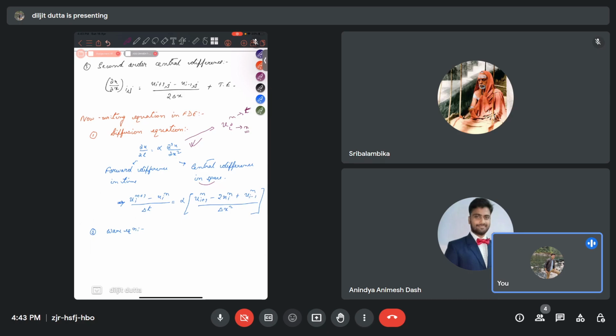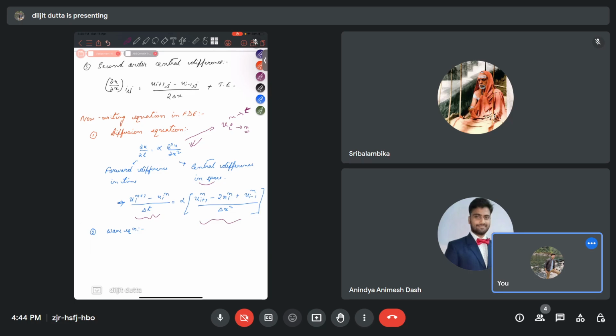So u i n plus 1 minus u i n by delta t. So this is the forward difference in time and the central difference in space. So del square u by del x square can be written in this term. The n will stay constant, so only the i terms will be varying. For the second derivative, it will be u i plus 1 n minus 2 u i n plus u i minus 1 n by delta x square.